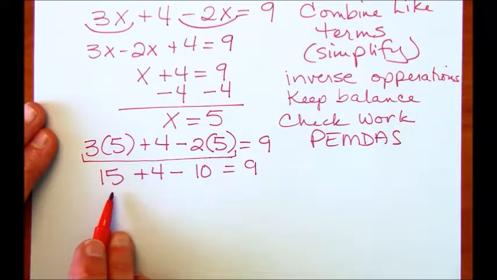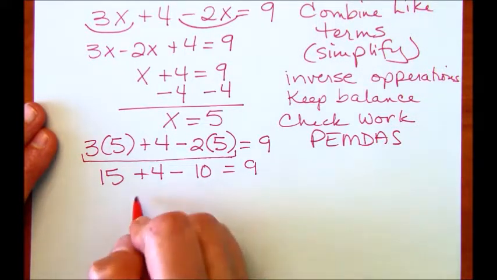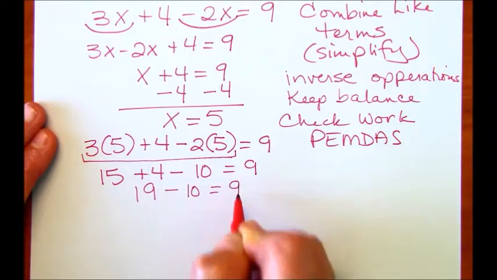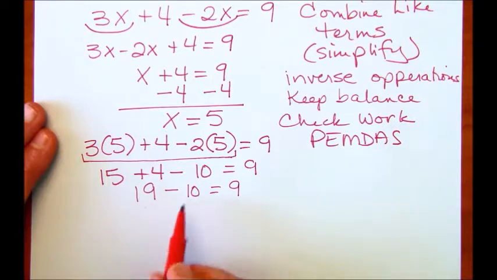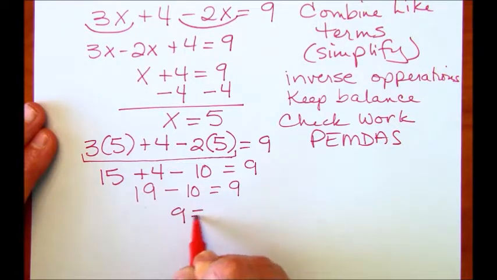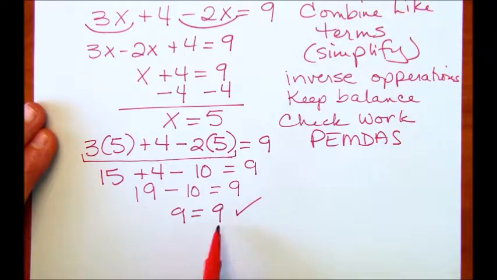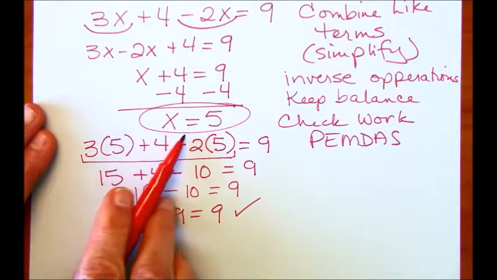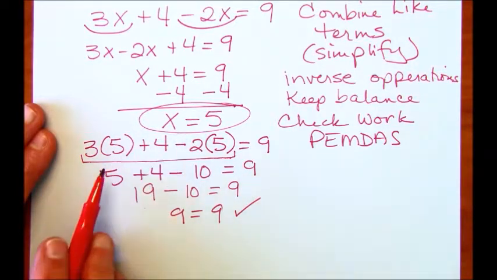So I'm starting with 15 and I'm adding 4. That gives me 19 minus 10 equals 9. And 19 minus 10 is going to give me 9, which equals 9. Because these two numbers are the same, the value of x, which is 5, works for this equation.